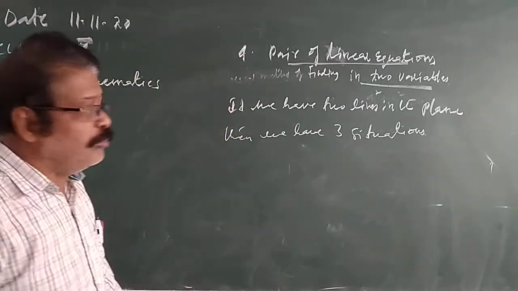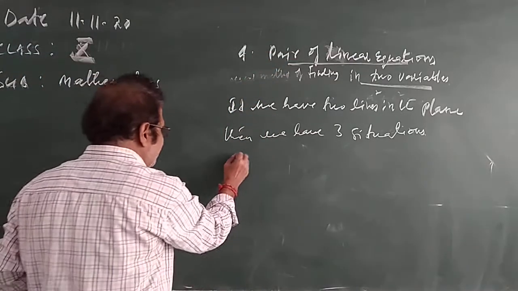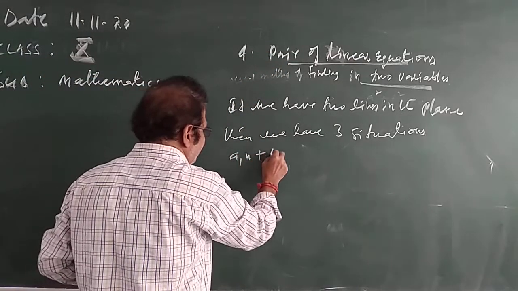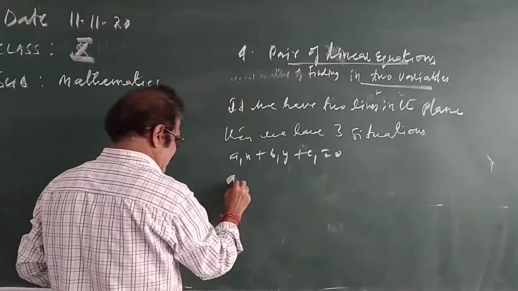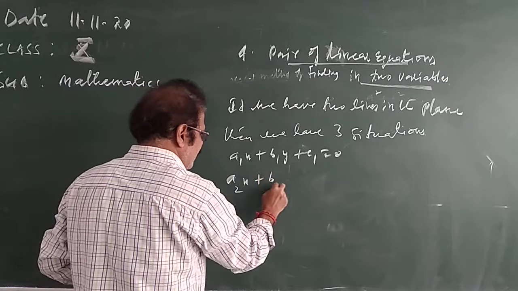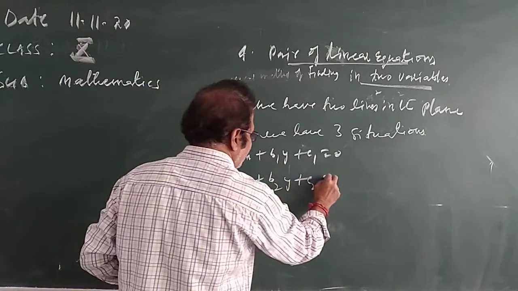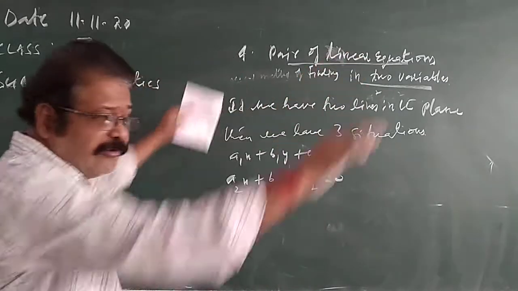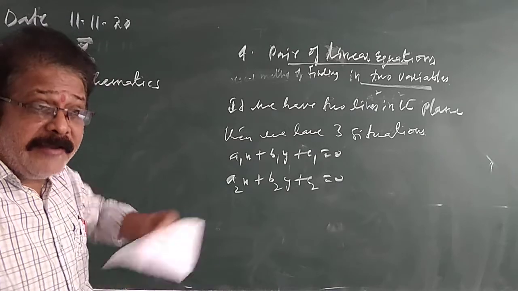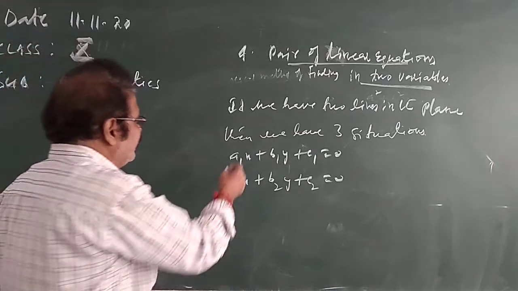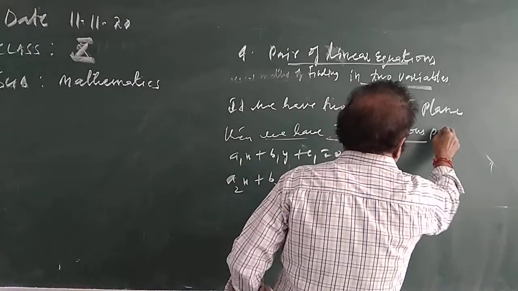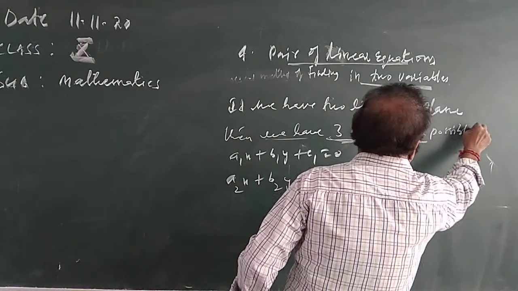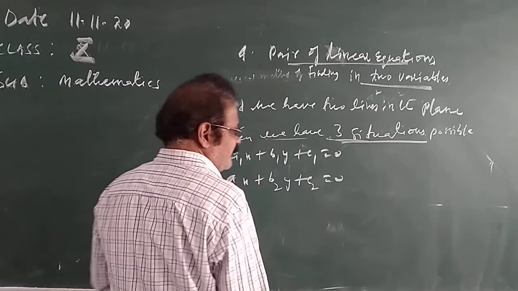What are the two lines? a1x plus b1y plus c1 equal to 0. Another line is a2x plus b2y plus c2 equal to 0. These two lines we have in the plane. Then we have three possible situations. What are those three possible situations?